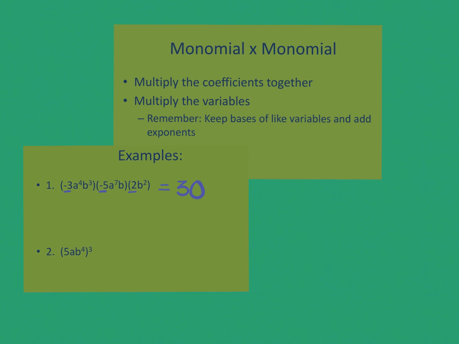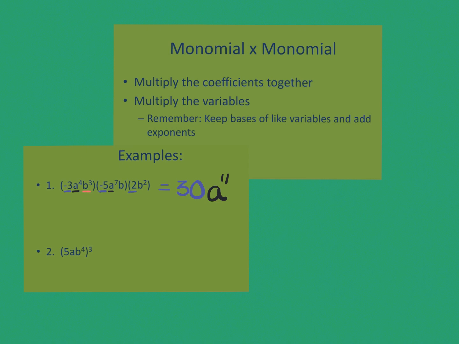Then we look at the variables. I have an a to the fourth and an a to the seventh, so the base stays and I add 4 and 7 to get the new exponent, 11.